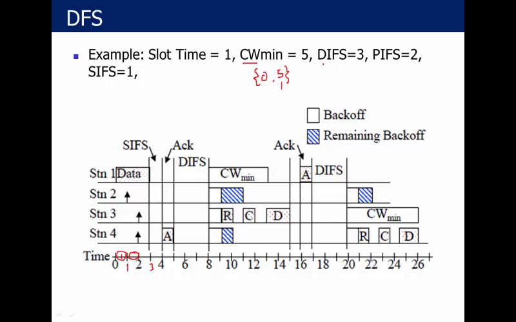And DIFS is 3, PIFS 2, and SIFS 1. We assume that, depending upon the wireless communication protocol, the device involved, and all different kinds of factors.